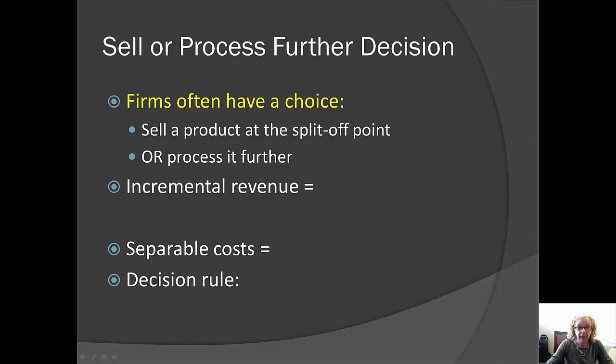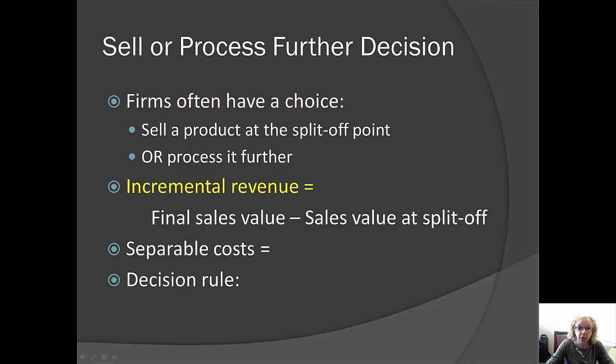A related topic is whether to sell our product at the split-off point or to process it further. In order to do this, we need a couple of other pieces of information. Incremental revenue is the difference between what we could sell the final product for and what we could sell it for if we decided not to process it further, but sell it at the split-off point.